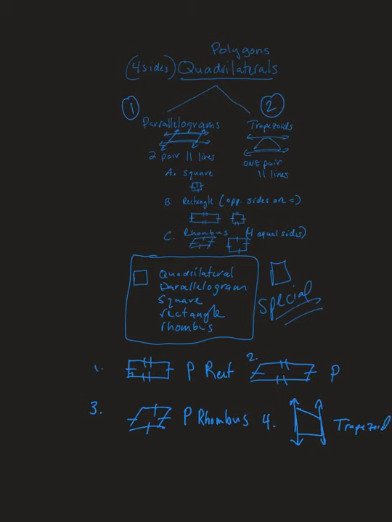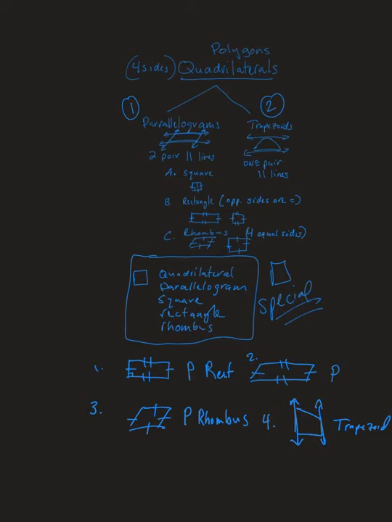The reason why it's a trapezoid is because the left and the right side are parallel. The top and the bottom are not, because remember, eventually that's going to cross here. All right. So it's a trapezoid, doesn't fit any other category. So this number 4 would be a polygon, that's a quadrilateral, that's just a trapezoid.